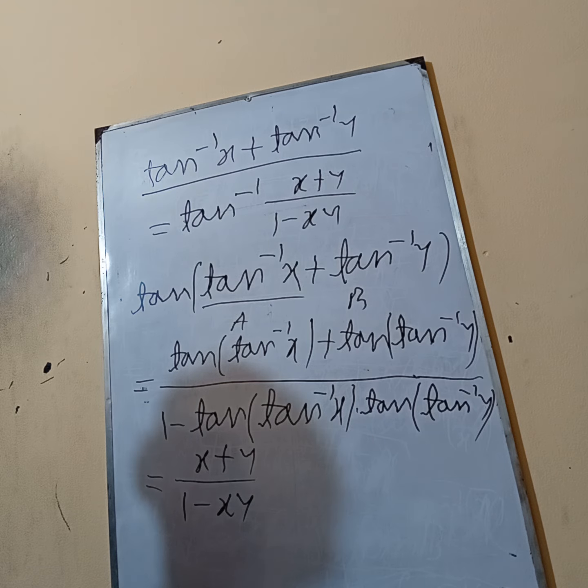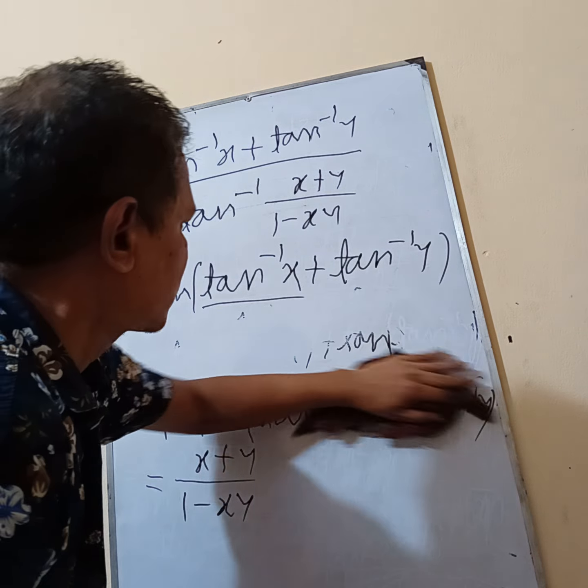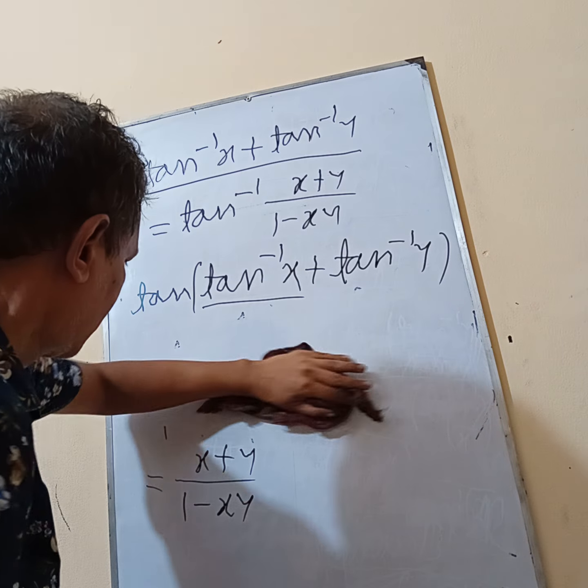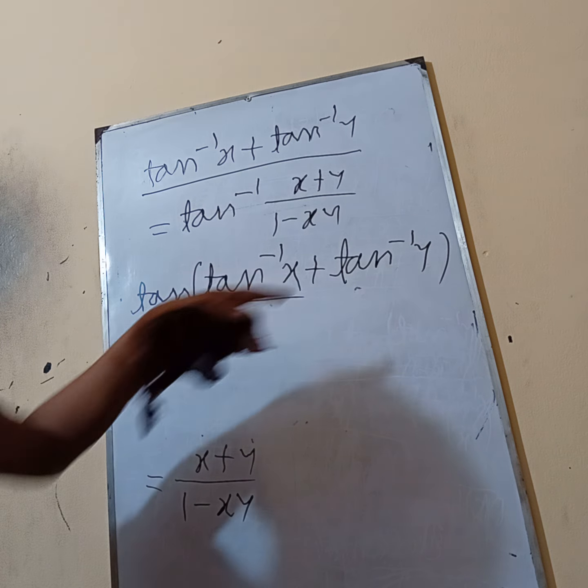So what do I have to write? Here I just change this: tan x, tan y.